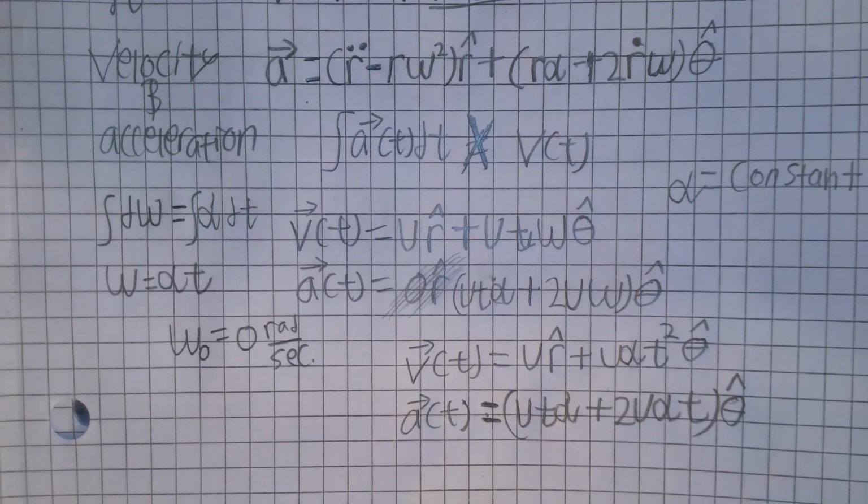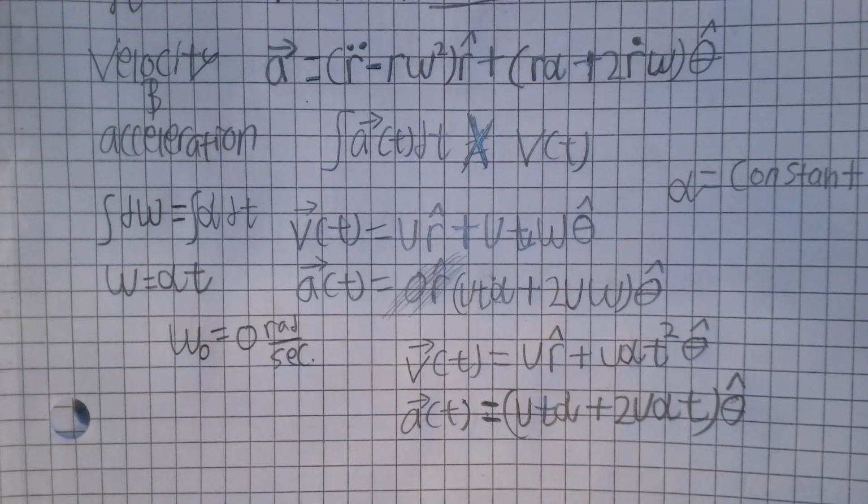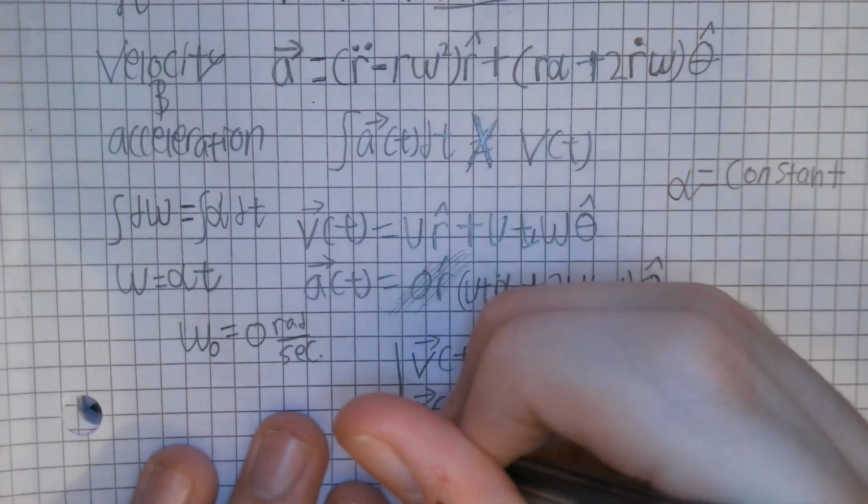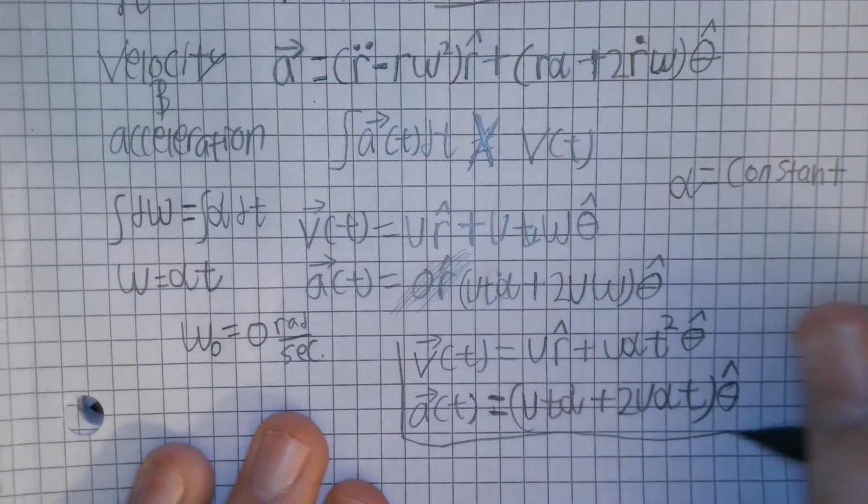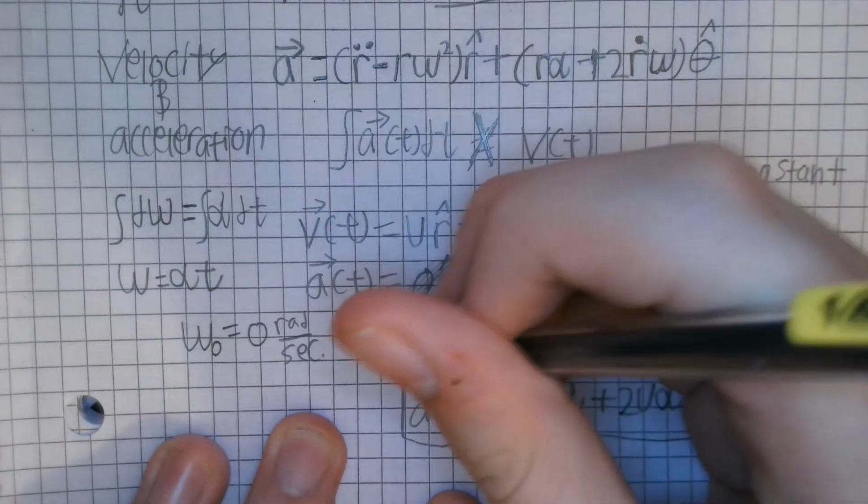I think that's basically useless. If you're factoring out everything, it doesn't simplify the problem that much. All right. So these are going to be our answers to the velocity and acceleration as a function of time.